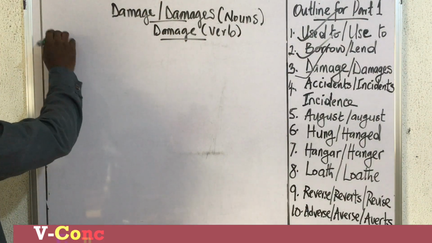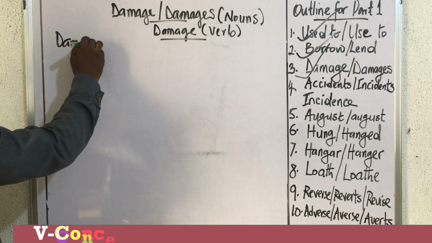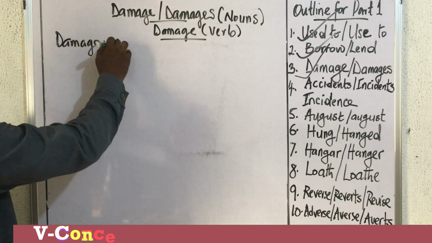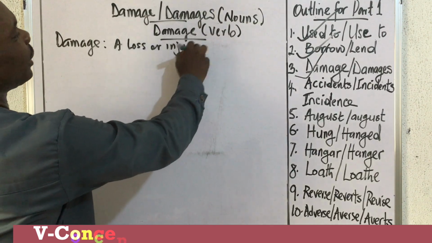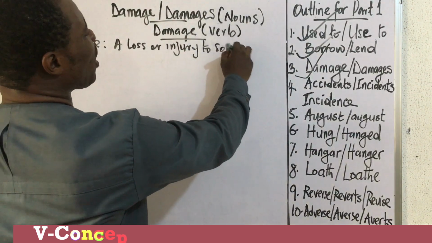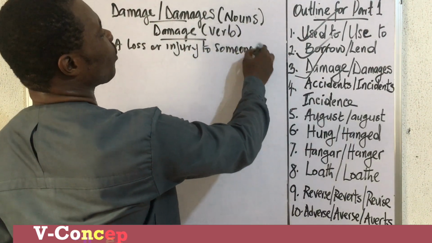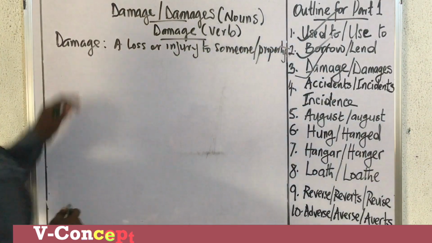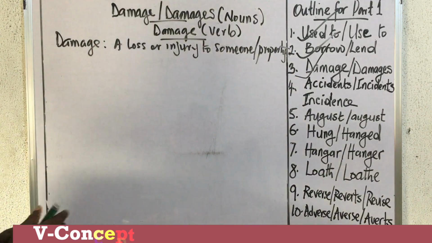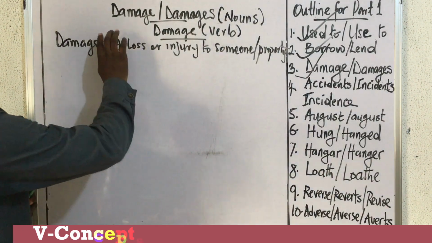Now, what's the meaning of damage? Damage means a loss or injury to someone or someone's property. So you are going to use the word damage as a loss, that is used as a noun.